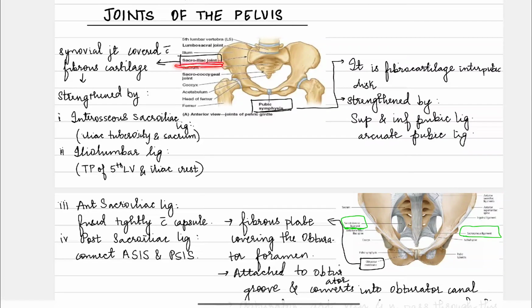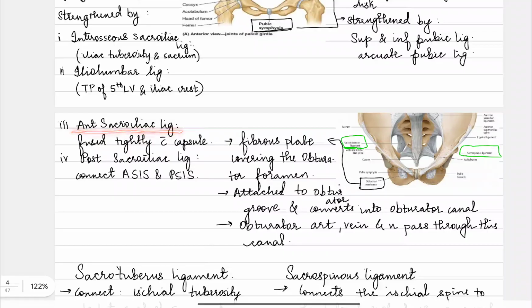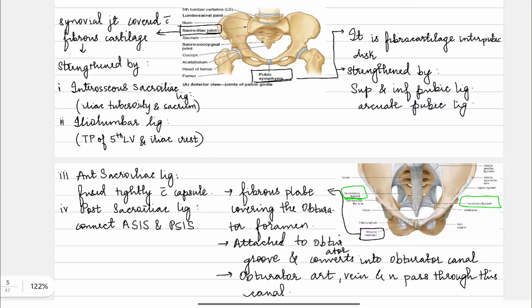Now this sacroiliac joint is a synovial joint which is covered with fibrous cartilage and it is strengthened by the following ligaments: interosseous sacroiliac ligament and iliolumbar ligament. Next is anterior sacroiliac ligament which fuses tightly with the capsule, and next is posterior sacroiliac ligament which connects anterior superior iliac spine and posterior superior iliac spine.